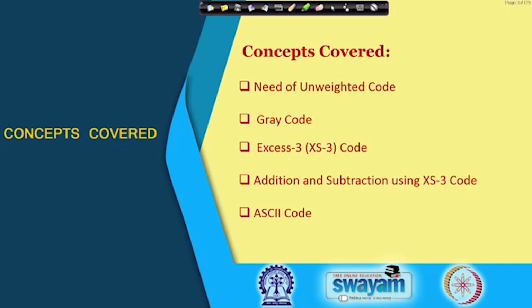We shall look into the need for having unweighted code. Then we shall discuss two important such codes, Gray code and XS3 code, and also we shall discuss ASCII code.